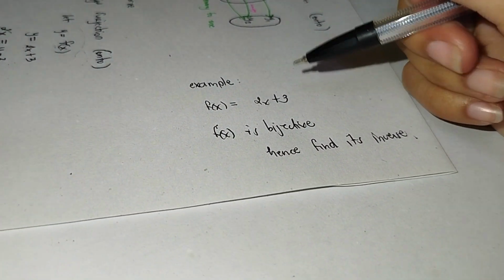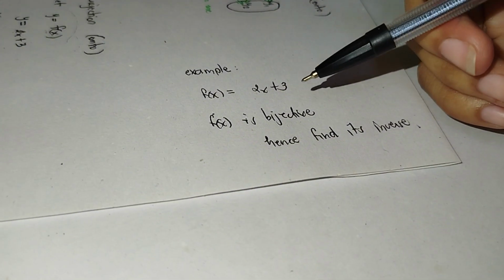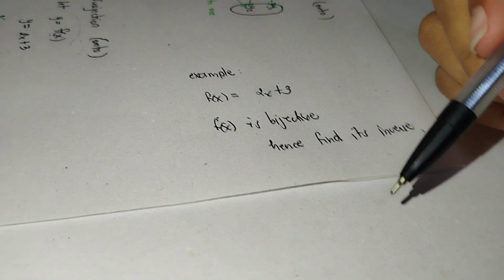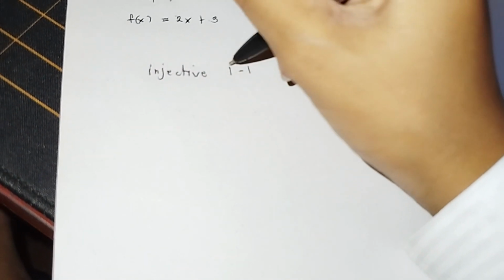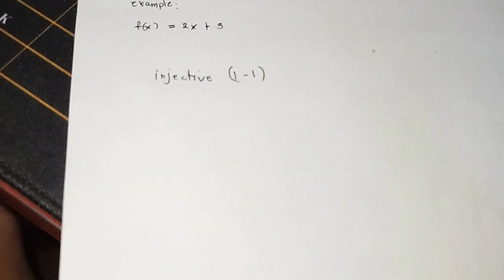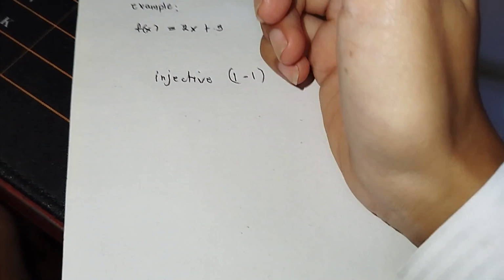First, let us identify if this is injective and surjective. When we say injective, again, it is one to one.